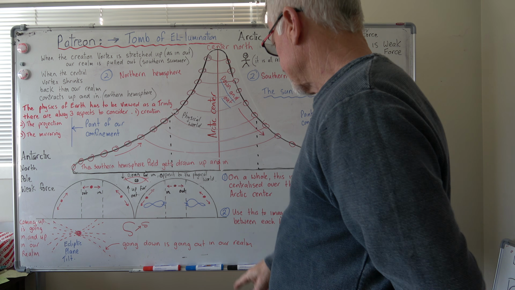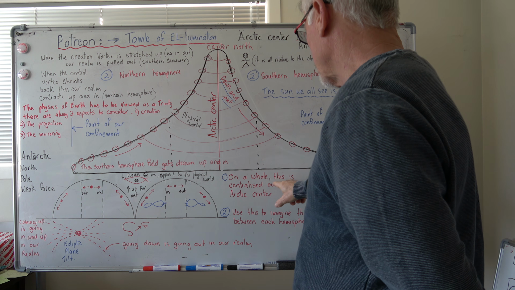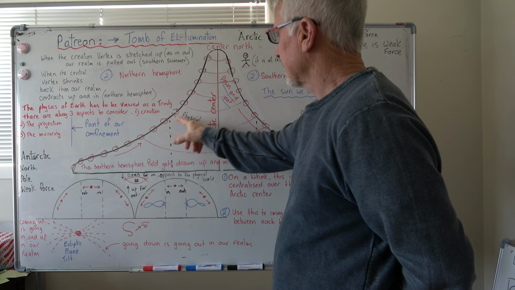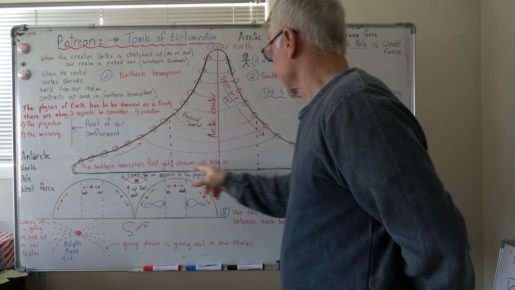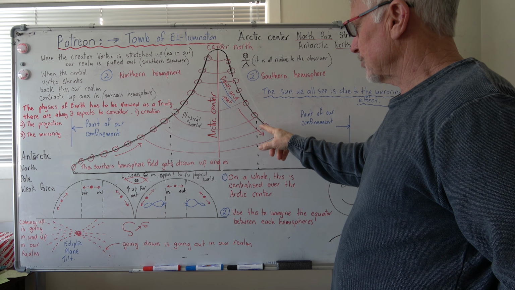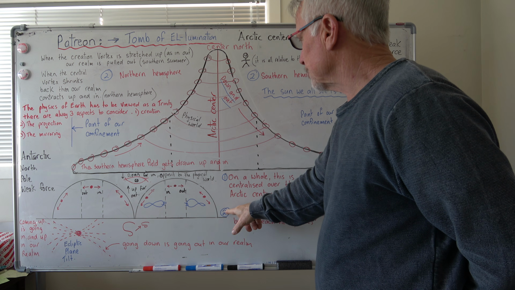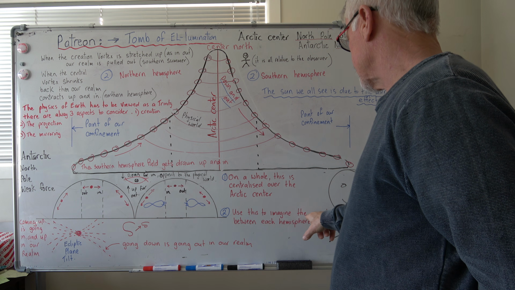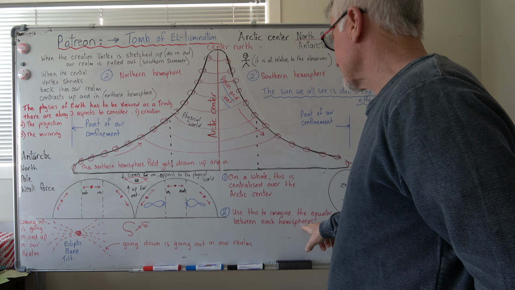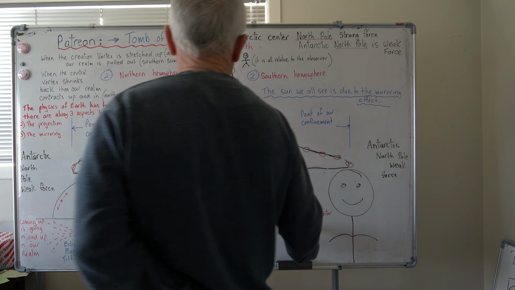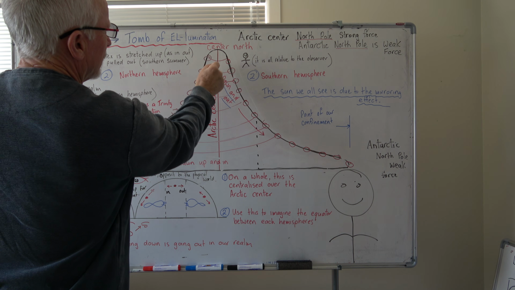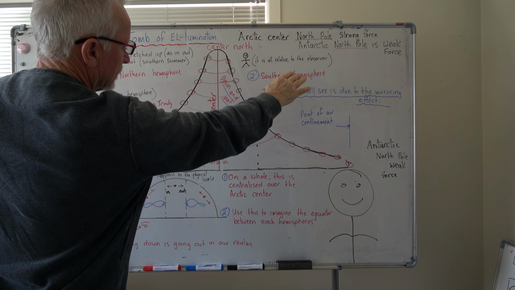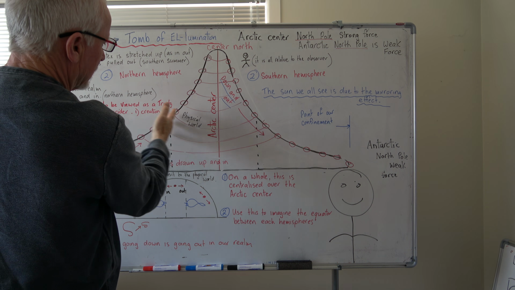So what do we have here? On the whole, this is centralized over the Arctic centre, okay? All the way out to Antarctica. So the sun moves. But too, we can use this to imagine the equator between each hemisphere. So we have to draw the tropical gap through here. So there's one hemisphere, and there's the other hemisphere.